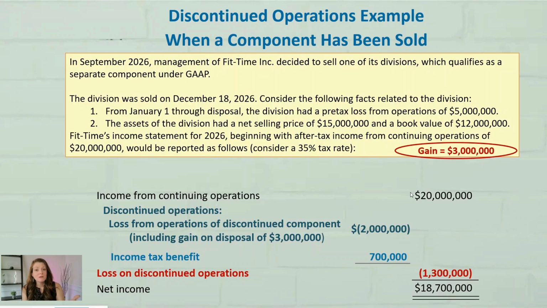And we do get a tax benefit for a loss, so it nets out to be $1.3 million. So when we take the $20 million from our continuing operations minus the net amount of 1.3, our loss, we end up with net income of $18.7 million. So we made sure to list it separately so the readers of the financial statements can very clearly see what is going on here.